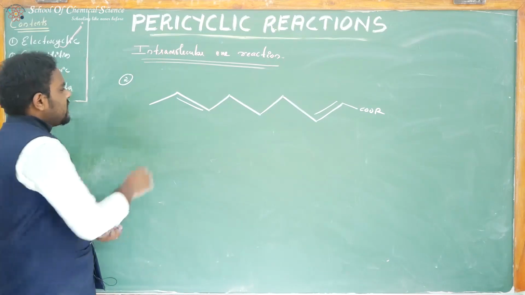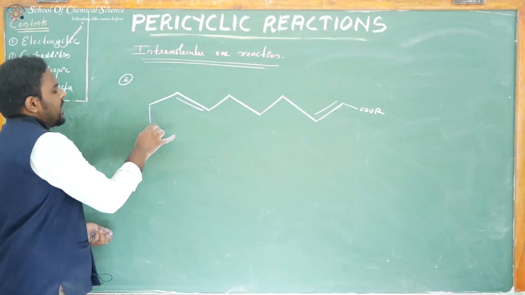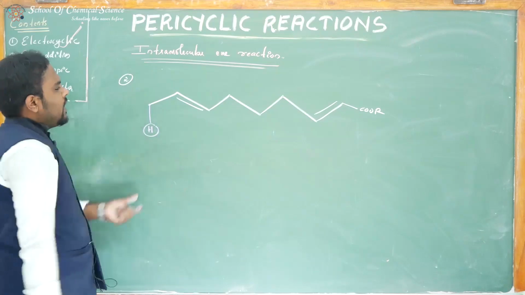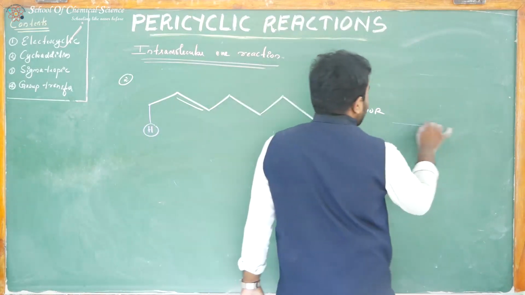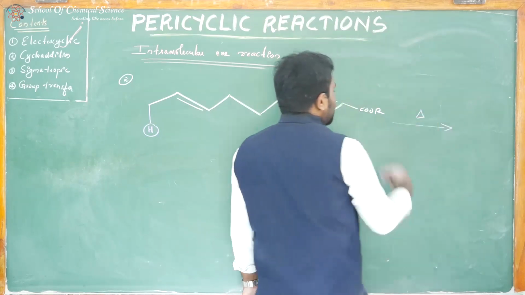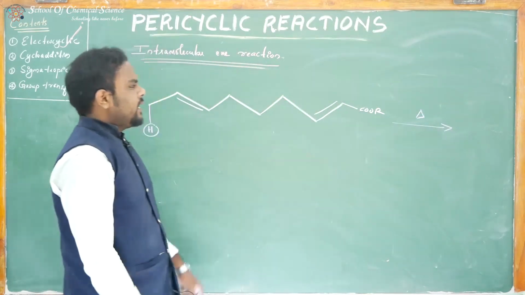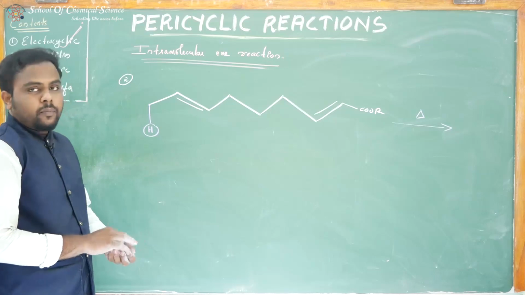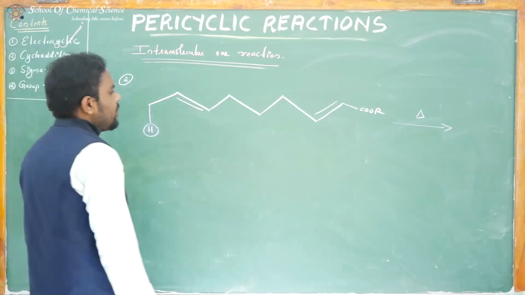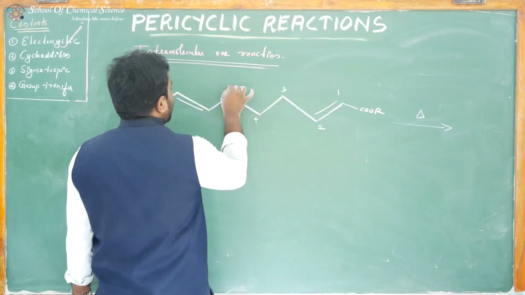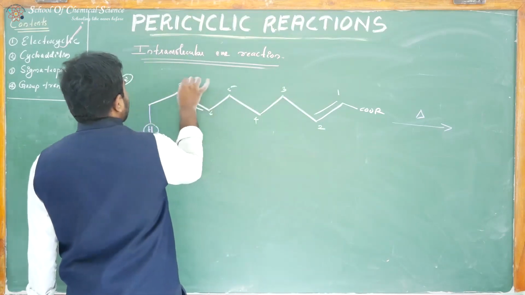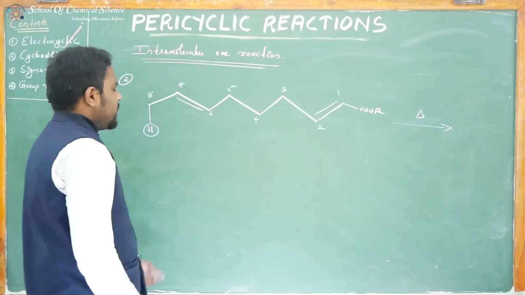This is the allylic carbon and the allylic hydrogen. The allylic system and the enophile are in the same molecule, and the reaction takes place under thermal condition. Definitely it will be an ene reaction. How can you find the product? Giving numbers, this is 1, 2, 3, 4, 5, 6, 7, 8.